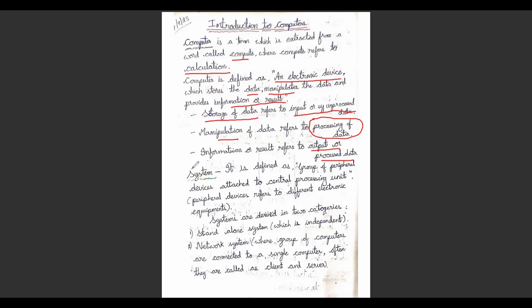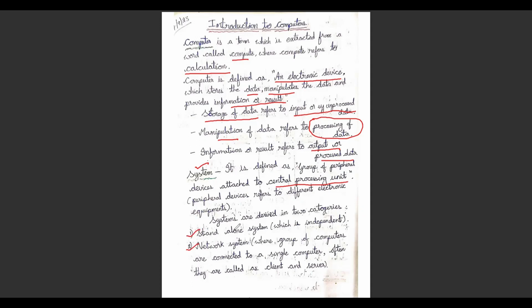In that you have a concept called system. System is defined as a group of peripheral devices attached to the central processing unit. So you have the CPU, and some group of systems are attached to it. Those systems are categorized into two types: standalone system and network system.